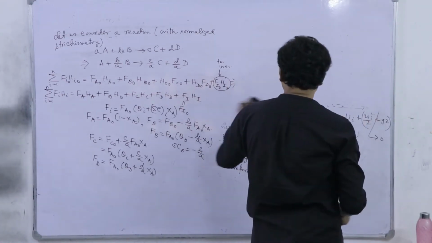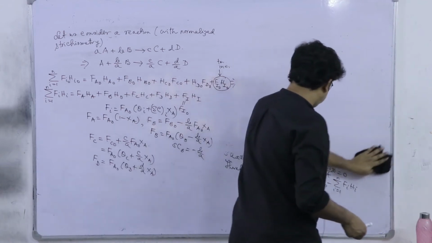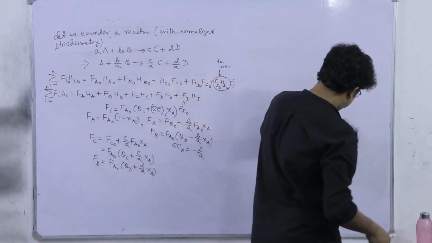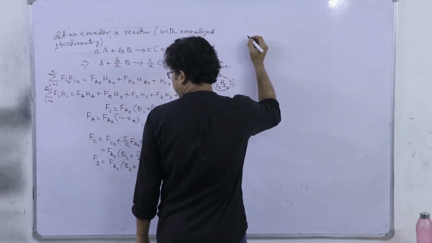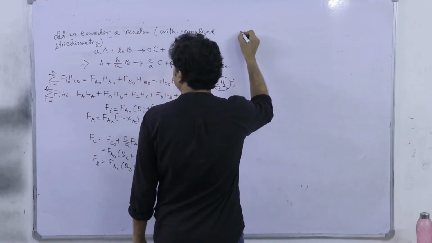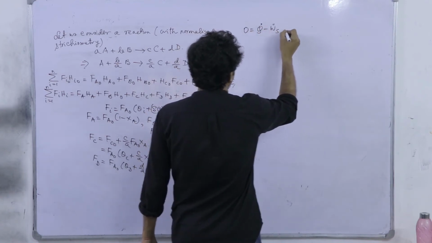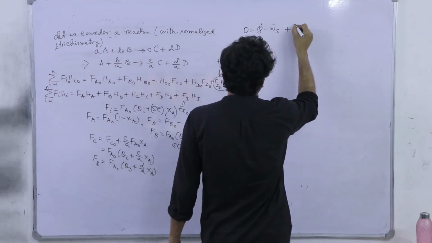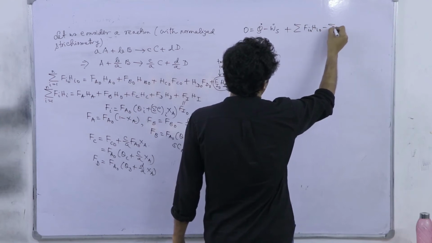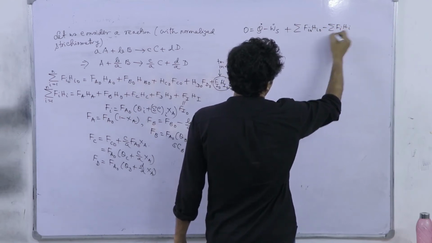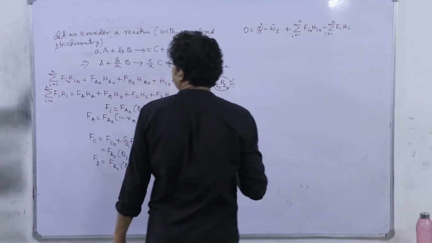In the steady state design equation, let us see what form it assumes. You can write this as 0 equal to Q dot minus W dot S plus summation, i equal to 1 to n, of Fi naught Hi naught minus Fi Hi.